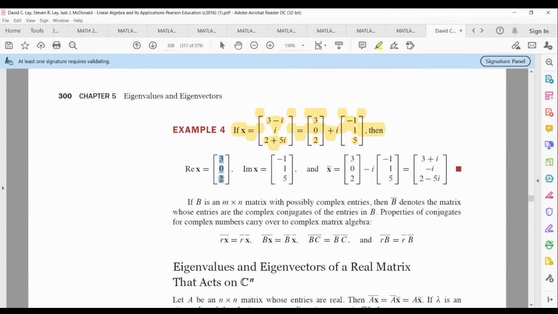The real part of the vector is 3, 0, 2, and the imaginary part is negative 1, 1, and 5. Then you can have a complex conjugate of a vector, which is just the complex conjugates of all of the entries in x. That's just some notational information.